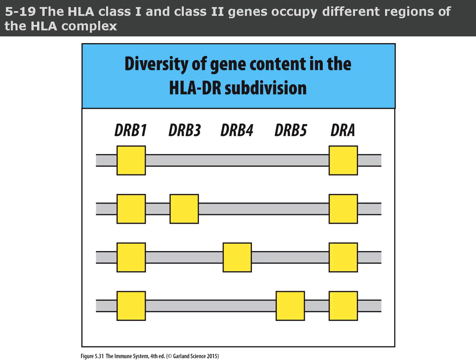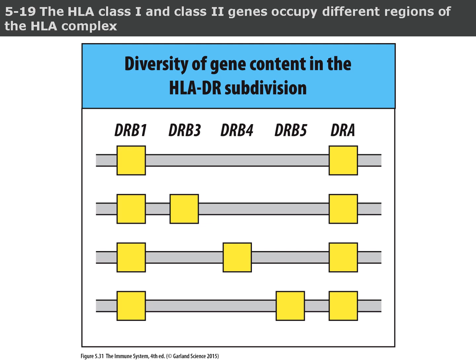This slide highlights the genetic diversity found within the HLA-DR region of the MHC Class II complex. Every individual inherits the DRA gene, which is invariant. However, variability arises from the DRB gene family, especially DRB1, which is present in all individuals and is highly polymorphic.